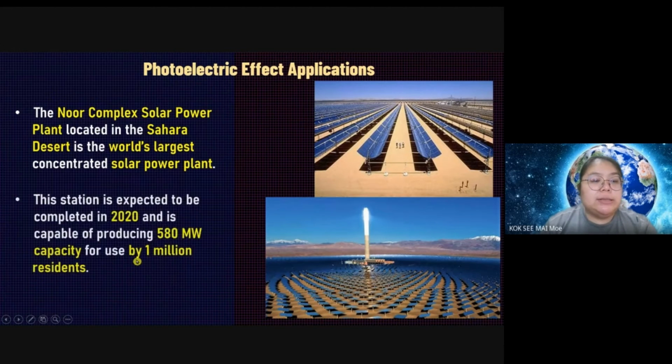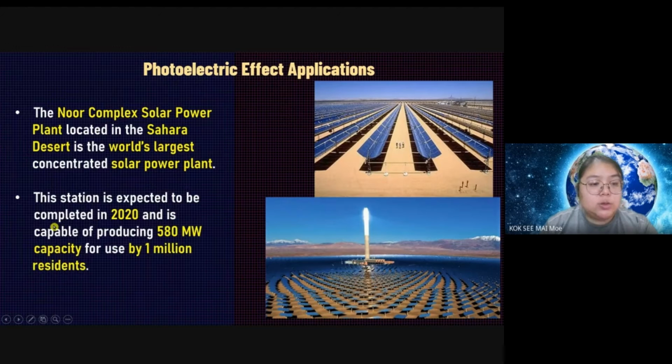This station was expected to be completed in 2020, actually it is already finished. It is able to produce 580 megawatts of power capacity for use by 1 million residents, from this whole solar system.